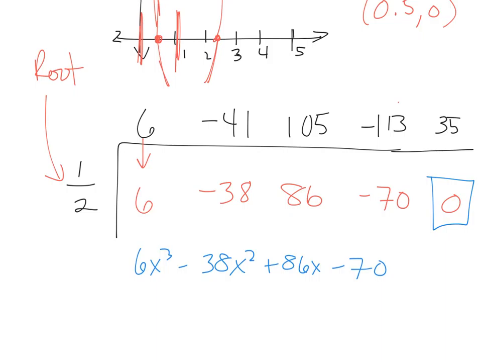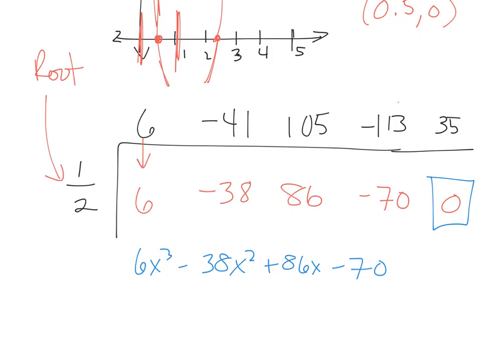What root did we use already? We used 1/2, and it worked, correct? Wasn't there another possible root? 7/3. So let's use 7/3 for this equation now. So let's make a subtable, another table with this new row of coefficients here: 6, -38, 86, and -70.